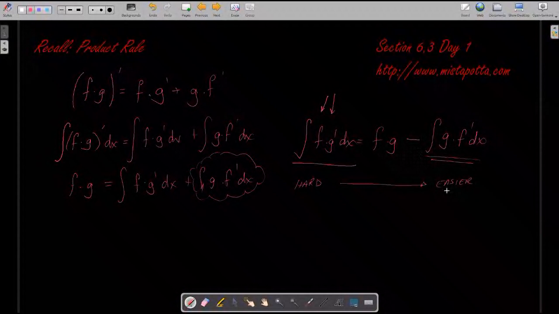Just keep in mind that what we want is for f to simplify when we take derivatives, and we want g prime to be easy to find the antiderivative of.